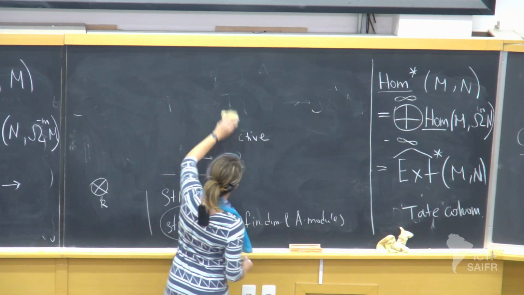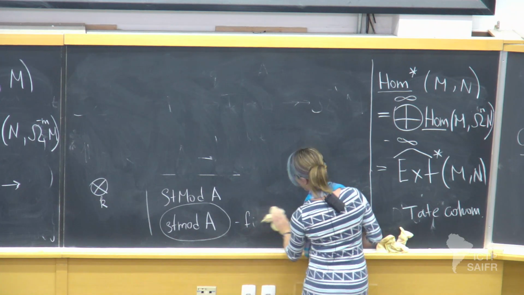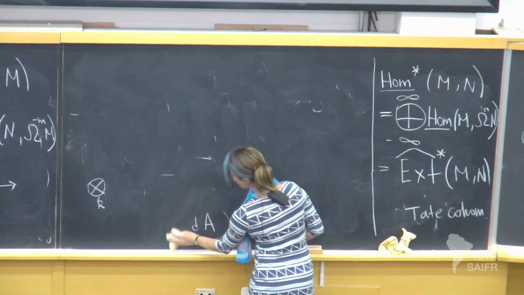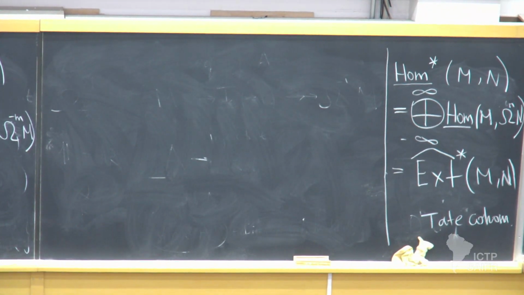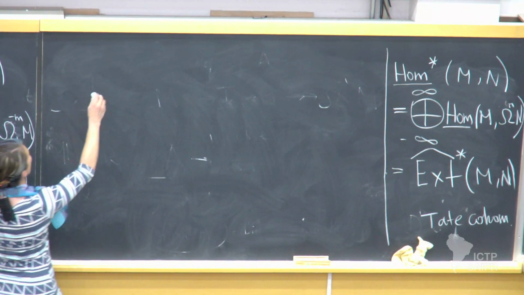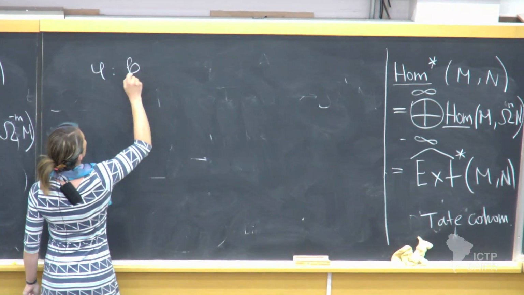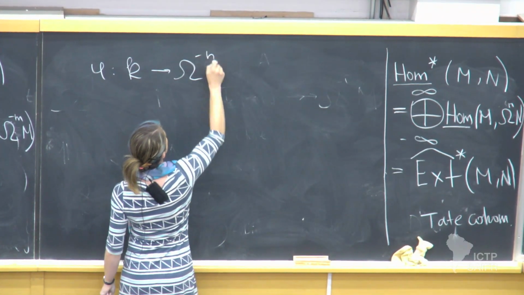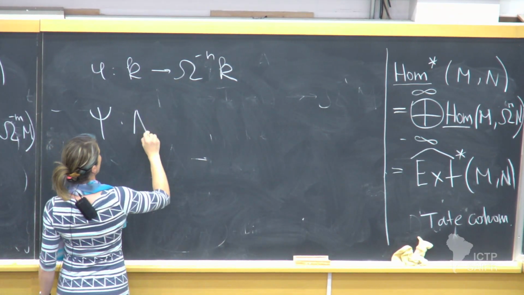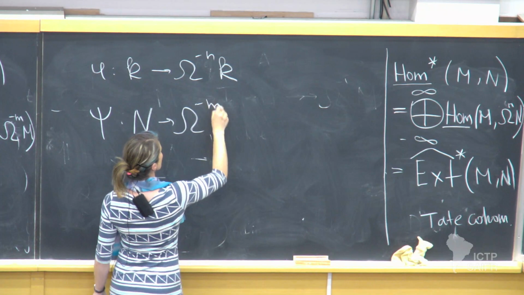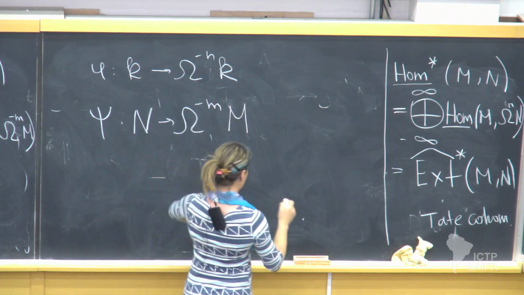Trying to show that this action thing is very natural. And this construction works basically in any triangulated category. There's nothing specific about the Hopf algebra. So if I have a map here, let's say phi from k to the shift of k, and a map there from n to the shift of m, what do I do?